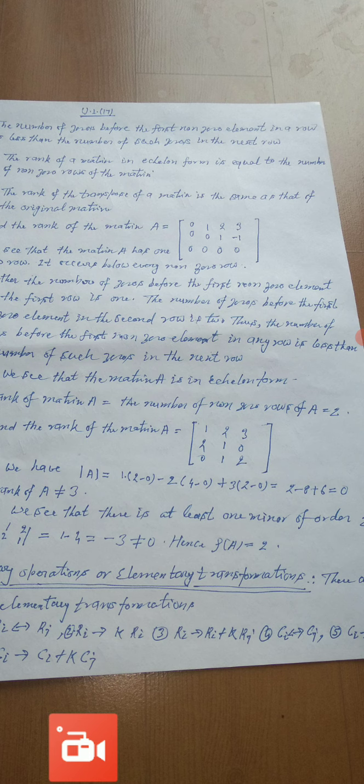So in this way we can reduce the given matrix into echelon form, and note that the rank of a matrix in echelon form is equal to the number of non-zero rows of the matrix.